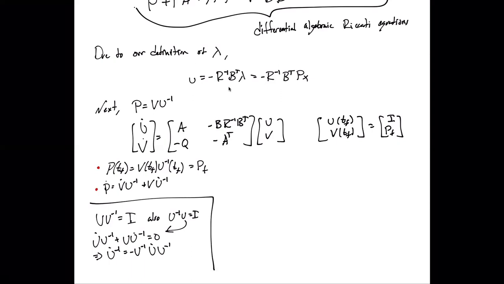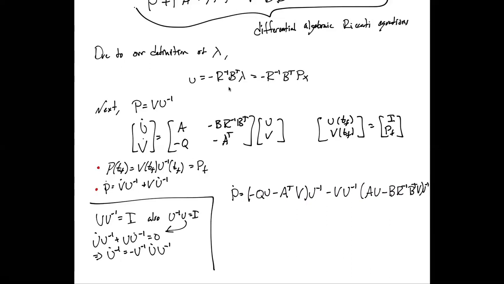So now, if we come back with the expression for the derivative of the inverse of U, then we get the following for the derivative of P. We'll get P dot is equal to QU minus A transpose V U inverse minus U V times U inverse AU minus B R inverse B transpose V U inverse.